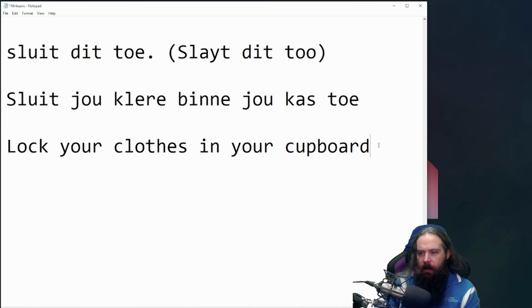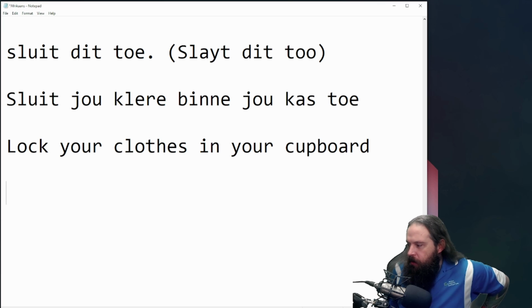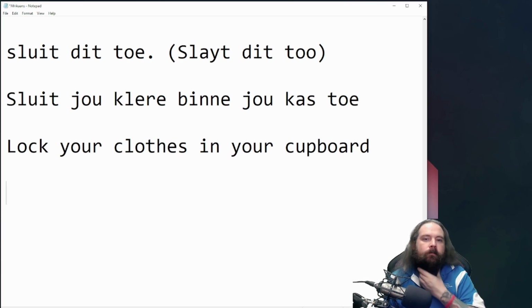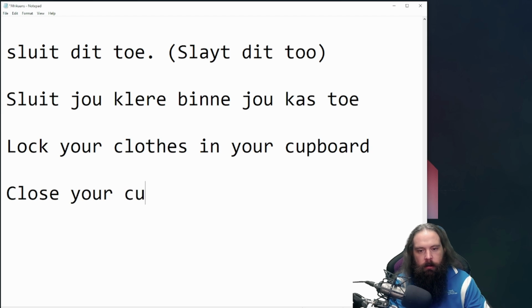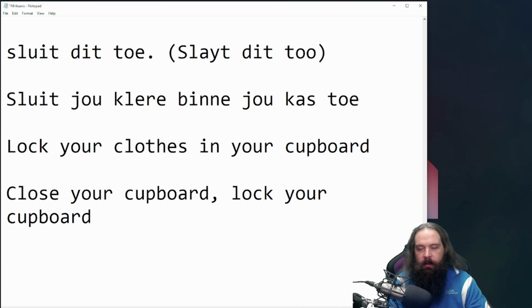You see, now I'm tired and I'm hungover and now I need to try and make sense of this whole thing. You can also close your cupboard, and you can also lock your cupboard, right? It's two different words in Afrikaans, definitely.